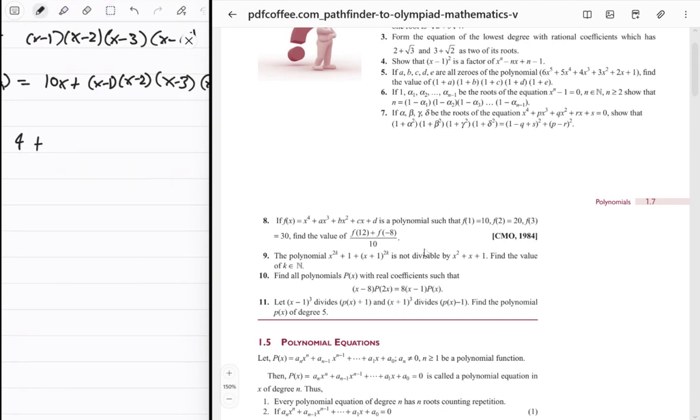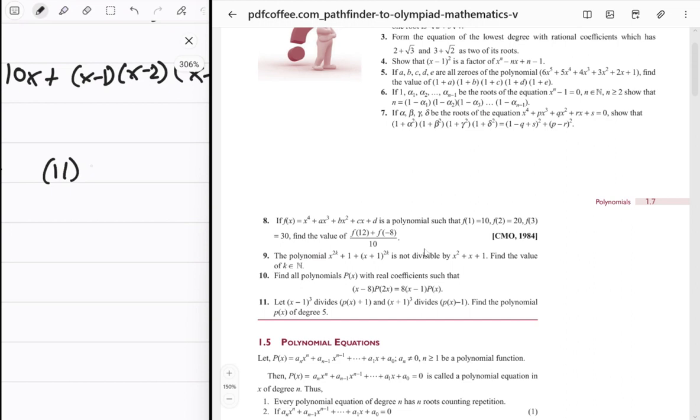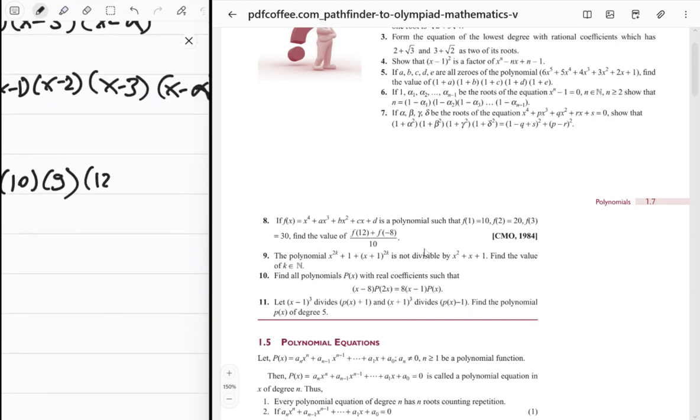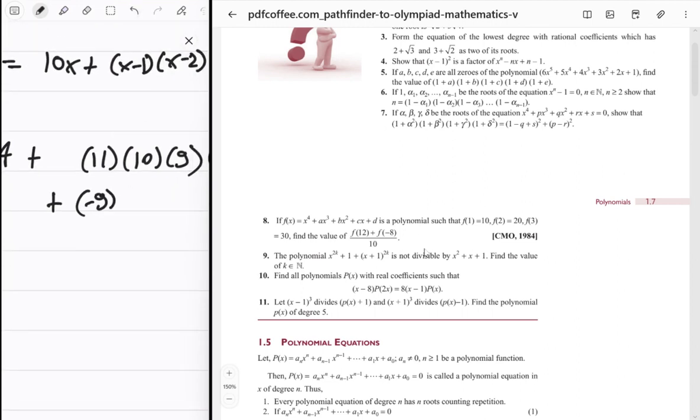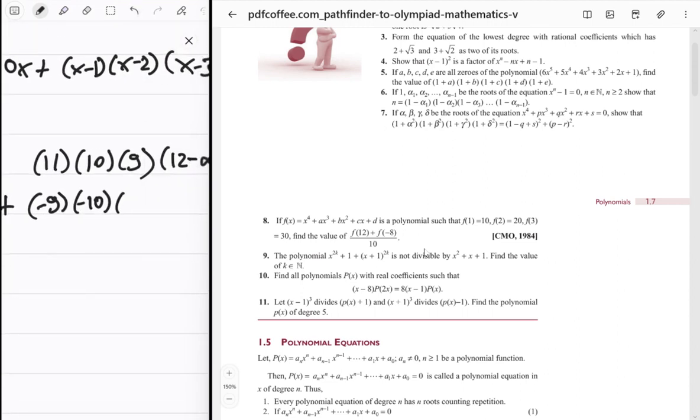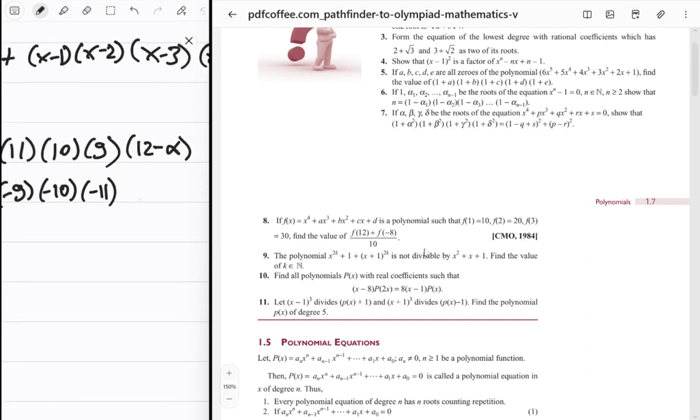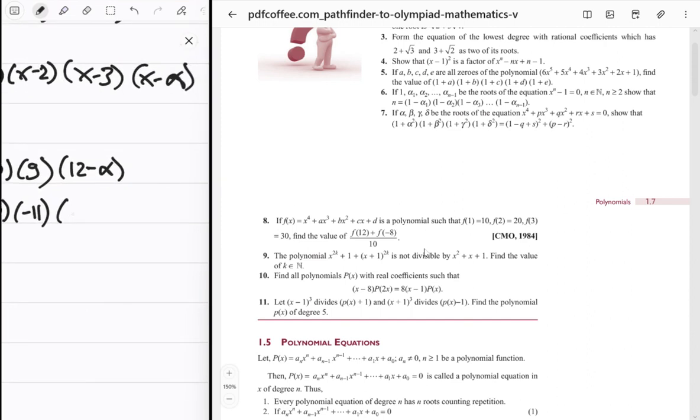So when you put 12, it's going to be 11 and 10 and 9 and 12 as alpha. When you put that, you're gonna get plus, and then you got negative 9, then negative 10 and negative 11. And then you got negative 8 minus alpha, whatever.